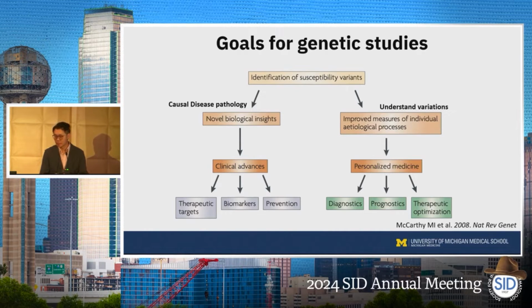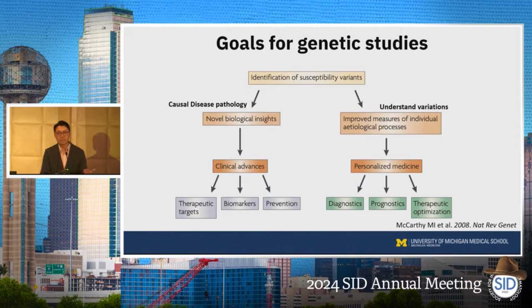This is a review paper from about 16 years ago, but I think it's still really useful to recap the main goals. First, the genetic study is trying to identify the pathology of the disease, comparing case-control differences, aiming to identify biomarkers and potential therapeutic targets.